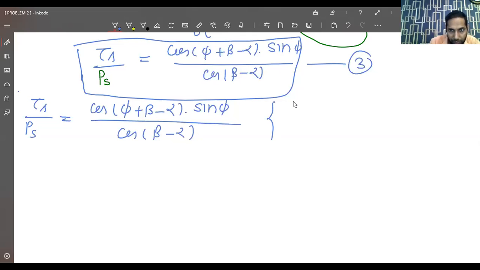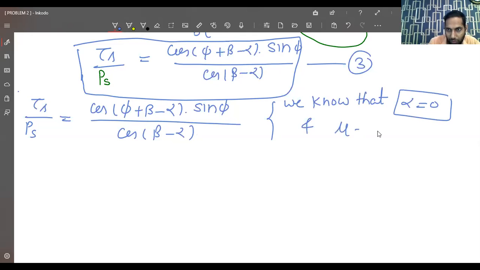We know that alpha is equal to 0 and mu is equal to tan beta.